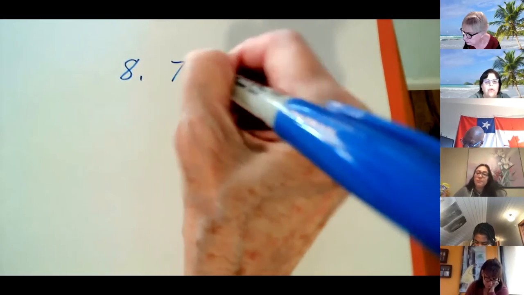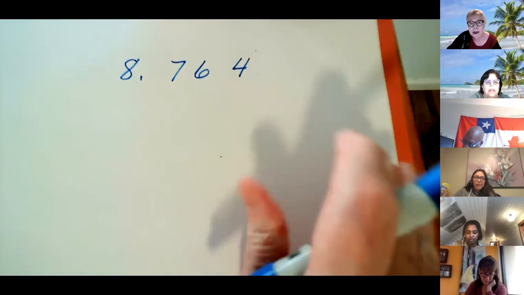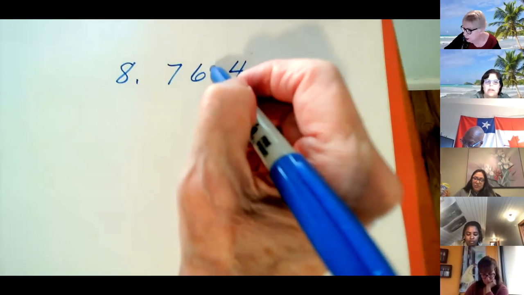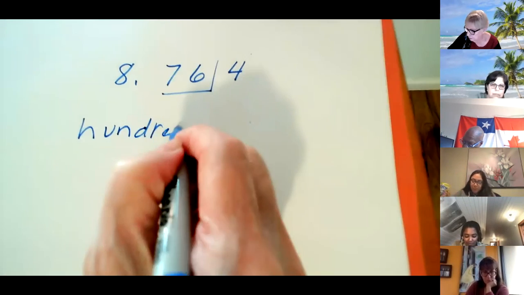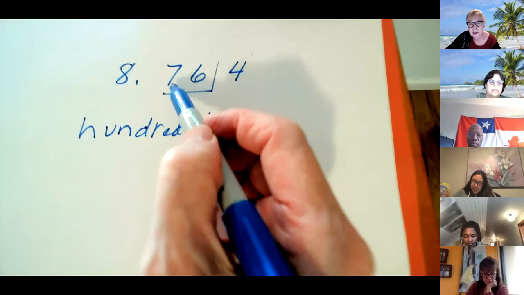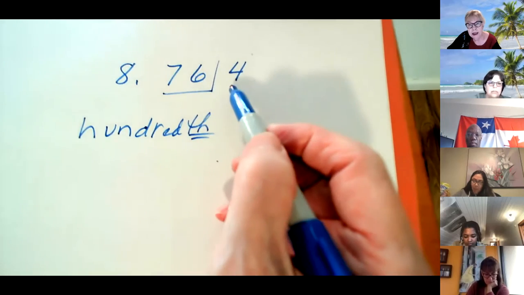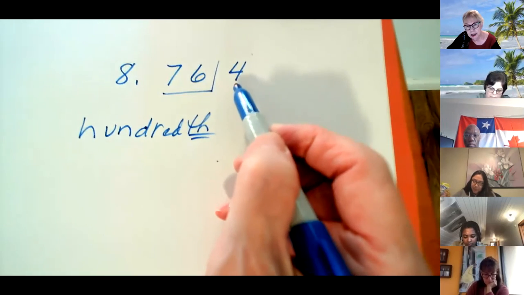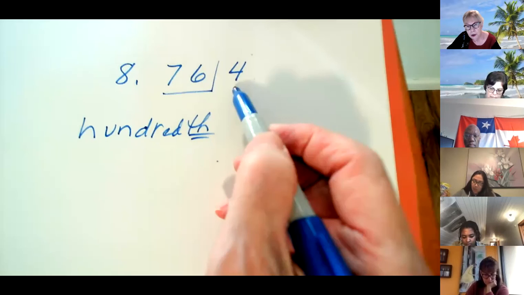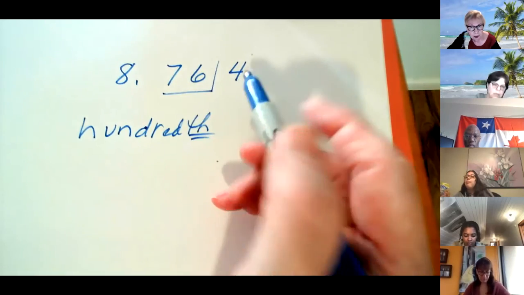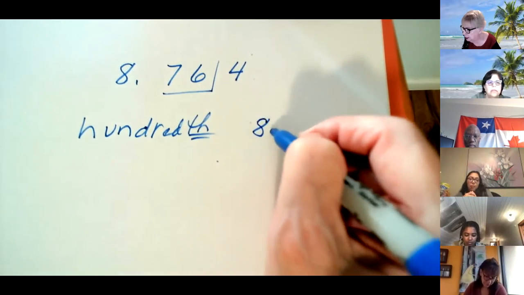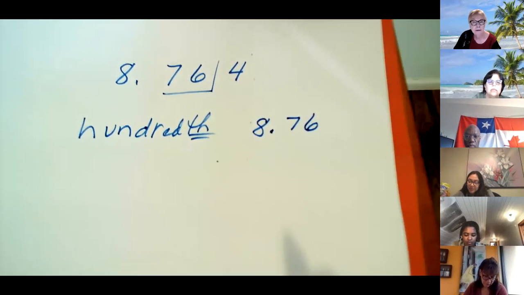So if it was 4, let's round to the hundredth place. Tenths, hundredths. Because this is the decision maker. It's the very next one after your place. And so it's not big enough. So the answer, you would keep it, the 6 would stay.